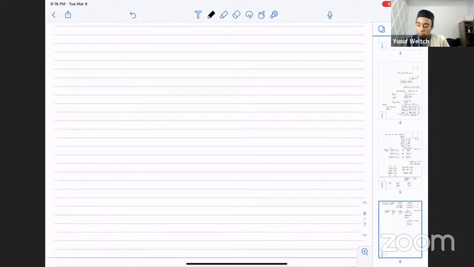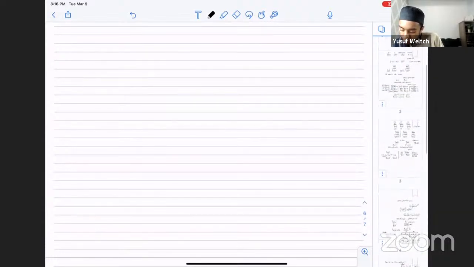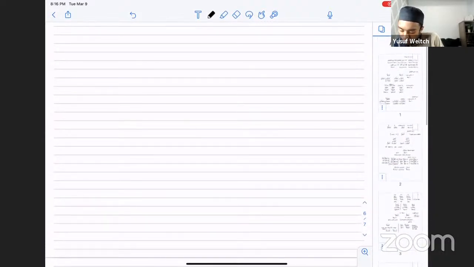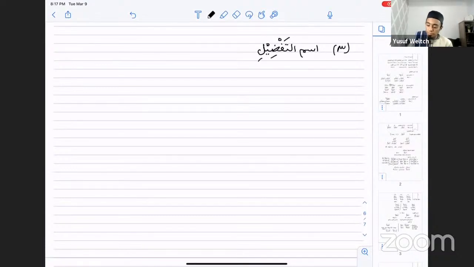So, the next derivative noun is ism tafdil. Ism, meaning noun, and tafdil. And just from looking at this, what type of word is tafdil?